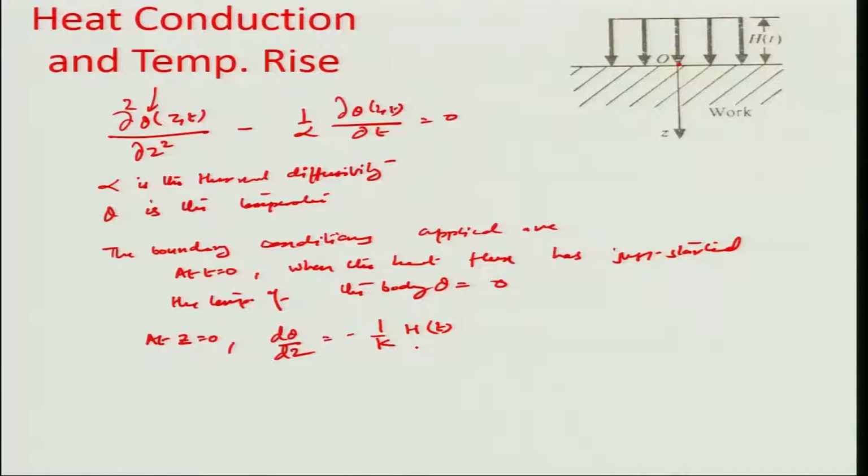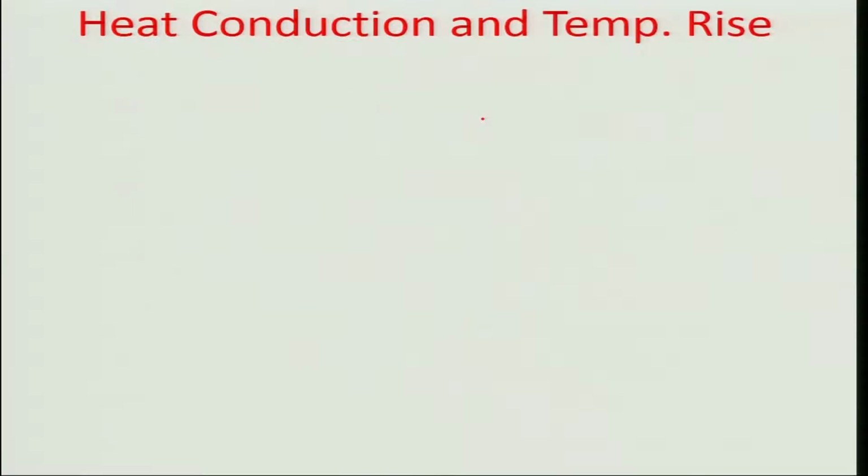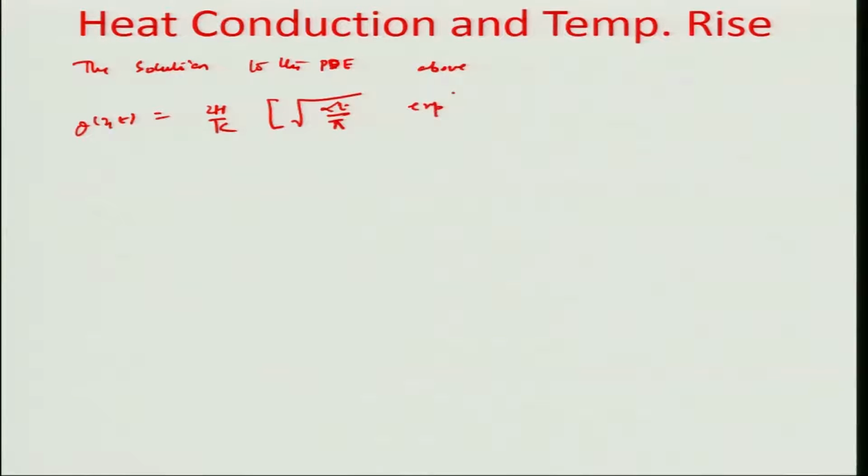With these boundary conditions and this one-dimensional PDE for the temperature, the solution comes out as theta of z,t equals twice H by K root of alpha t by pi times exponential of minus z squared by 4 alpha t, minus z by 2 times the error function of z divided by twice root of alpha t.